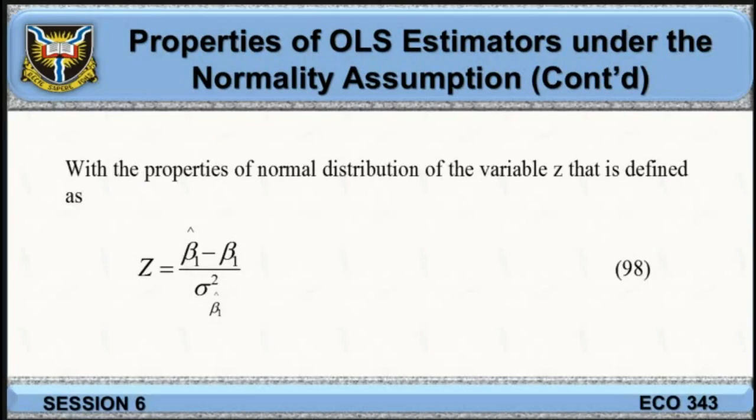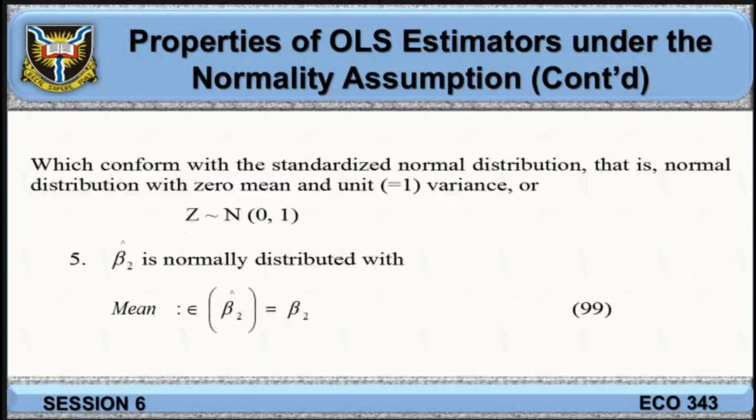Z conforms with the standardized normal distribution, that is, a normal distribution with zero mean and unit variance, or Z is distributed N(0, 1).